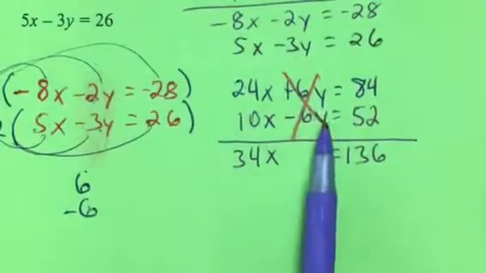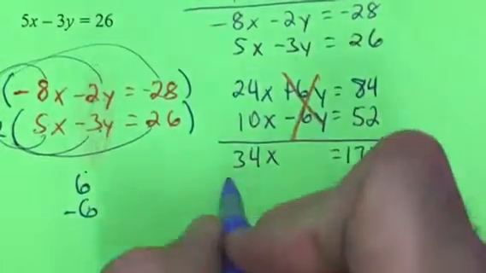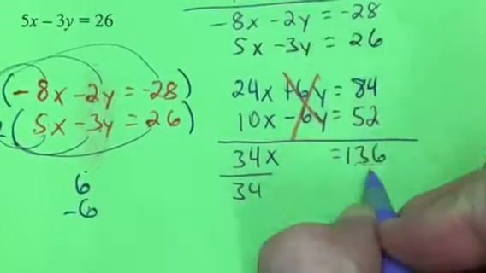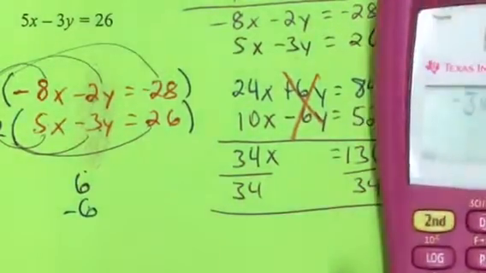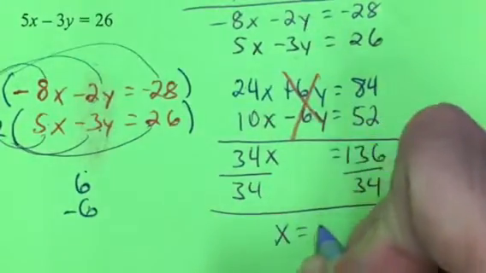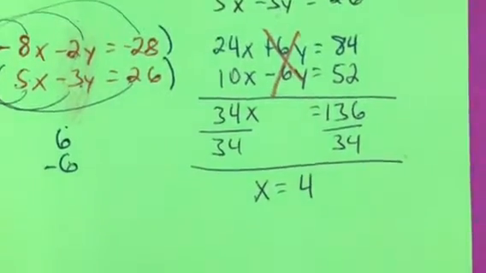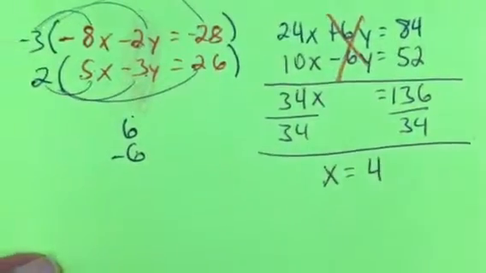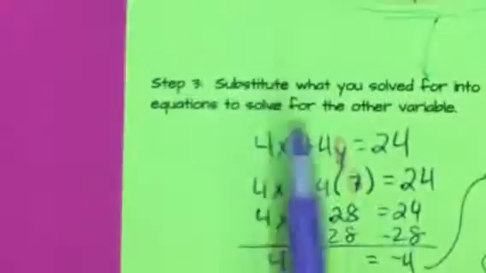I eliminated the y's by combining my equations. All right. Divide by 34 to get x alone. 136 divided by 34, 4. X equals 4. I got my first answer.